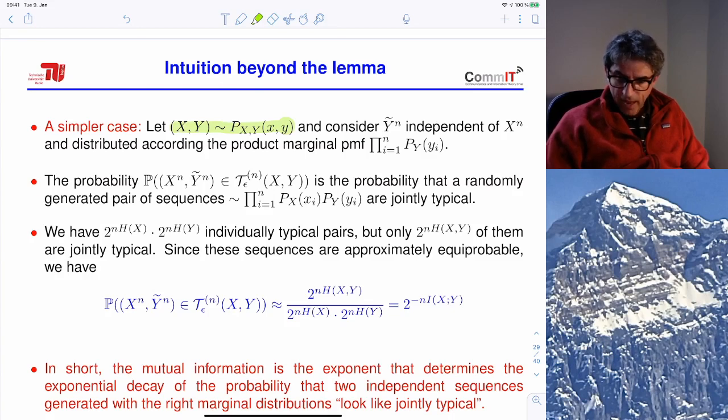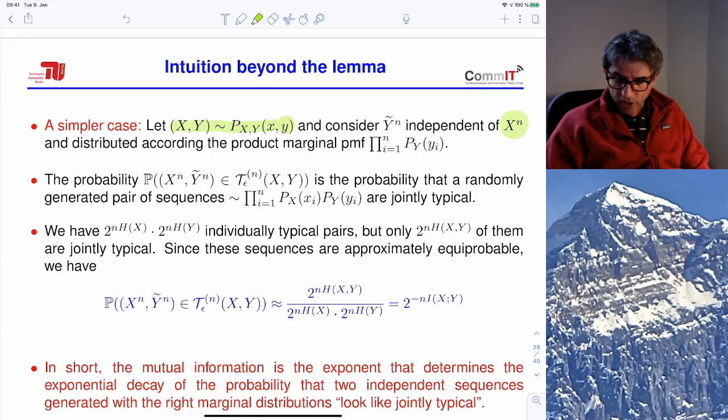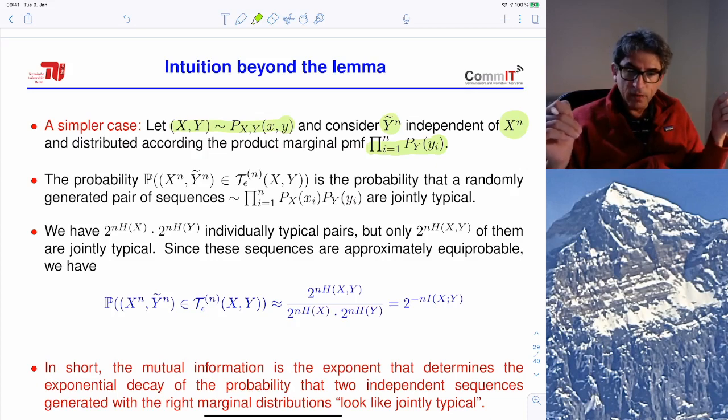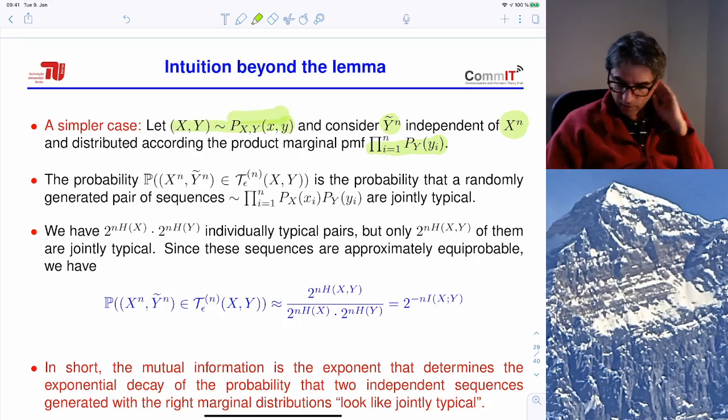generate x according to the marginal with respect to x, and y tilde according to the marginal with respect to y. So x and y tilde are individually distributed according to the correct marginals, but they are independent, while x and y are, generally speaking, statistically dependent because they have a joint distribution.